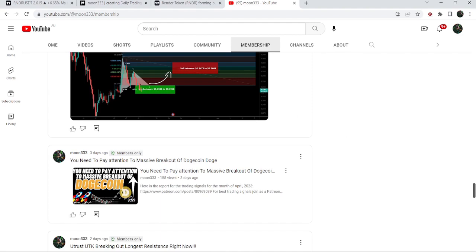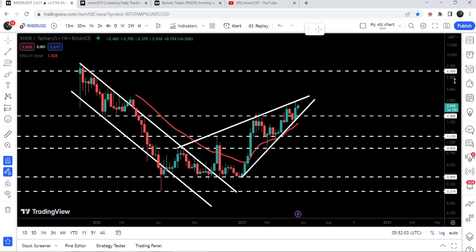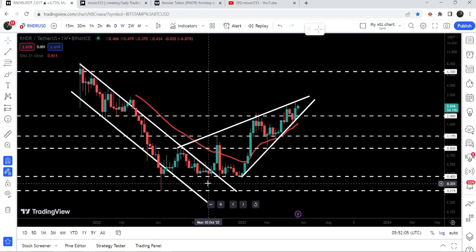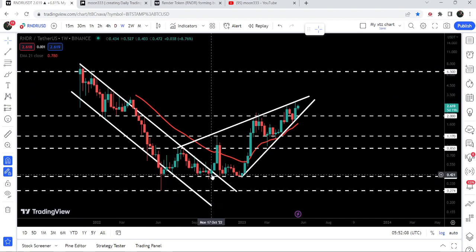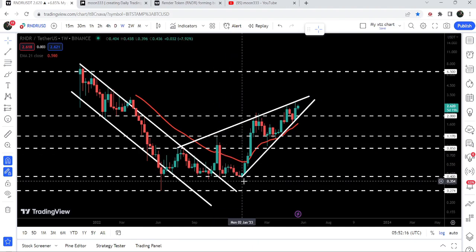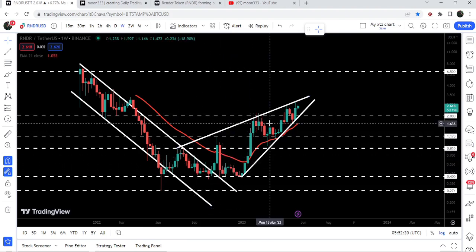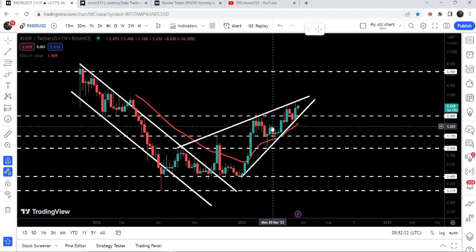Now let me take you to this weekly time frame chart. Here we can see that Render token first broke out of a very big channel in the month of October 2022, and after getting rejected by this long-term resistance of $1.17, the price line dropped down, formed a double bottom here, and then we had another very nice pump. During this move, by the way, it has formed another rising wedge pattern.